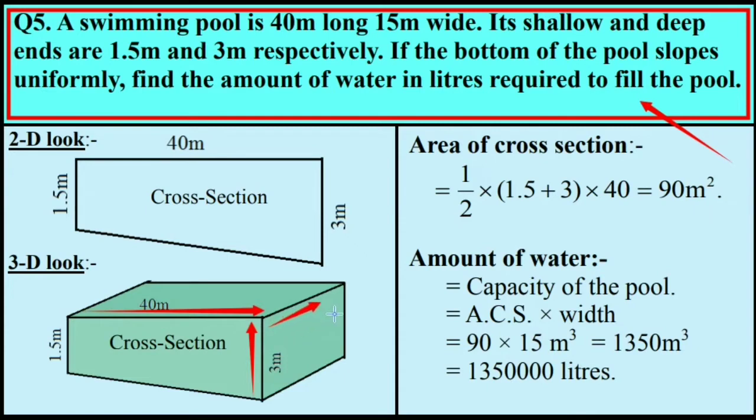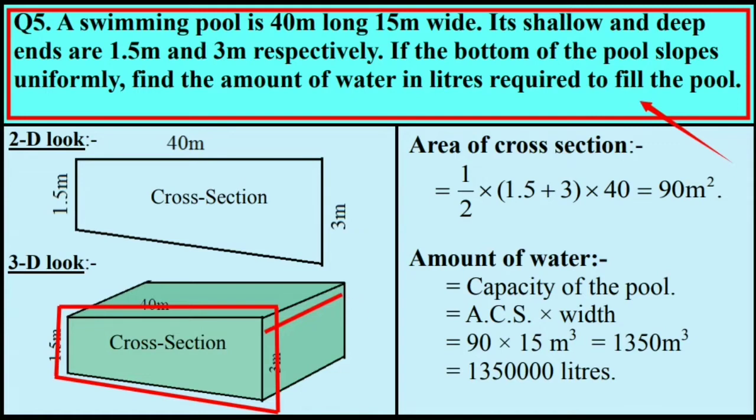The width of the swimming pool is 15-meter, and this particular length says that the pool slopes uniformly. Front surface is the area of cross section, and this area of cross section multiplied by width, that is 15-meter, gives the volume of the swimming pool.